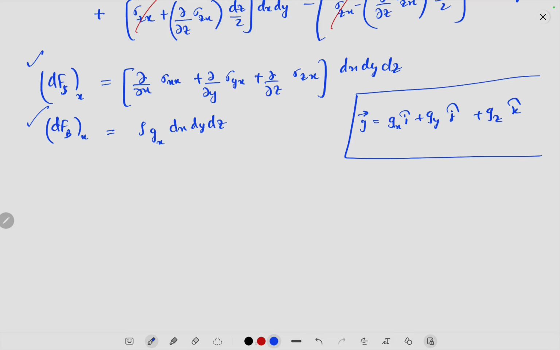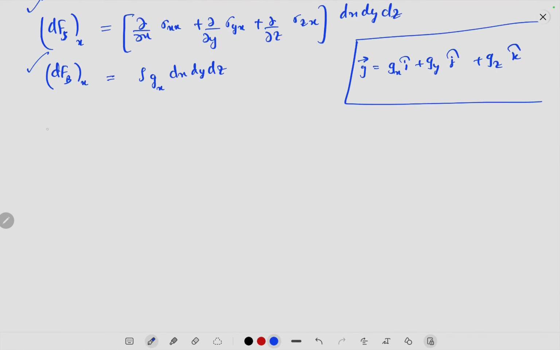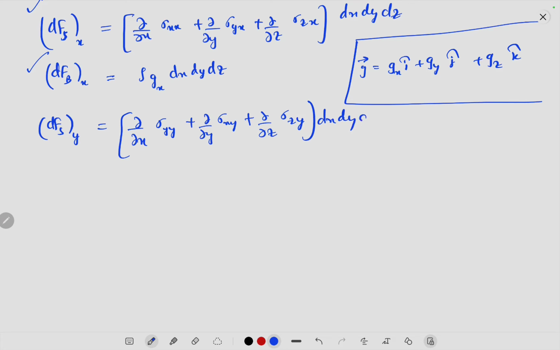Now similarly, if I consider the forces along y, I'll get del by del x of sigma xy plus del by del y of sigma yy plus del by del z of sigma zy times dx dy dz, and the body force along y will be rho gy dx dy dz.